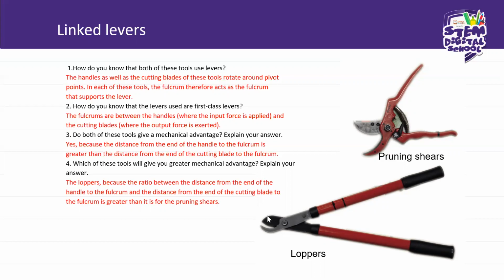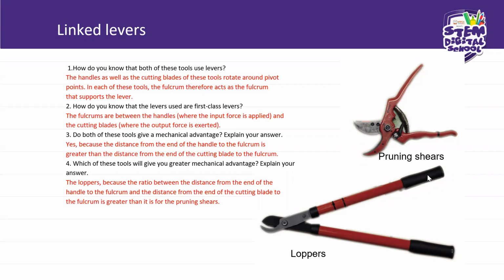Okay? Now, because on this side, the input arm is long, the force applied here, with a small application of force, the force is multiplied to the output. Then the output has a greater multiplication of force. Why?